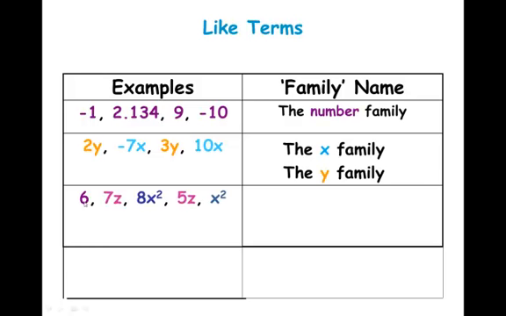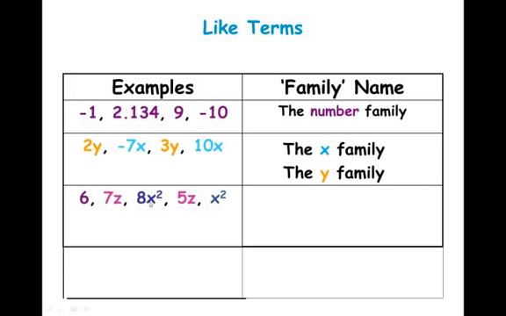Here we've got the number 6, 7z, 8x squared, 5z and x squared. Now we have 3 different number families here. So we've got the number family, the number 6. We have the Z family, 7z and 5z, so those ones can be added together. And we've got the x squared family. So the x squared family is different to the x family.